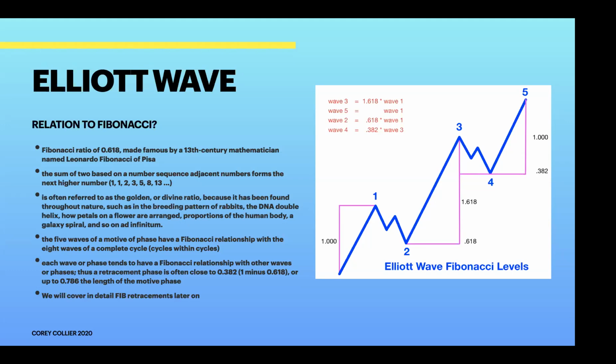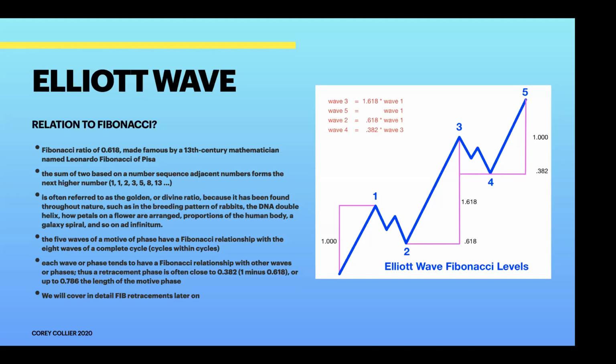Okay. So let's look at this graph to the right, guys. To the top left, it says wave 3 equals the 1.618 times wave 1. So if we look at wave 1, wave 2 retraced to the 0.618, which is 61.8% of the full 1.0.